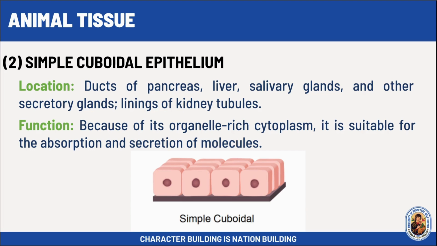So it absorbs different nutrients from the external environment or its near environment, and also serves as a protection because of its organelle-rich cytoplasm. The simple cuboidal epithelium has a more protective layer than the previous example.